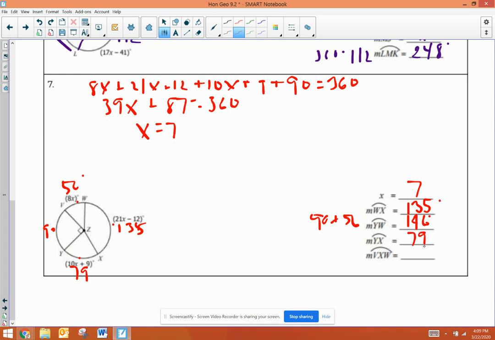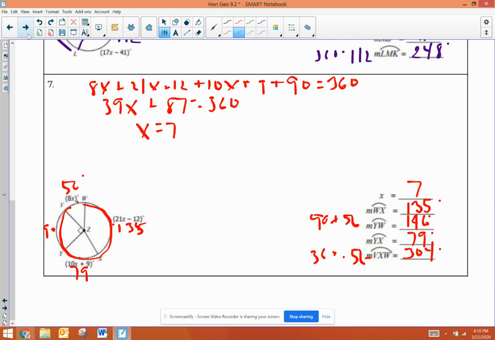We found that already. And then the measure of major arc VXW. So that's everything except 56. So that should be 304.